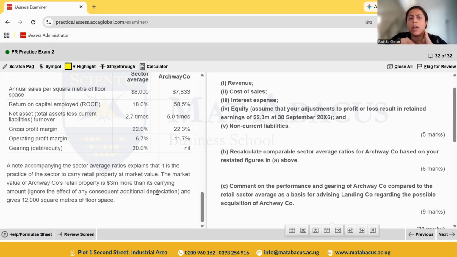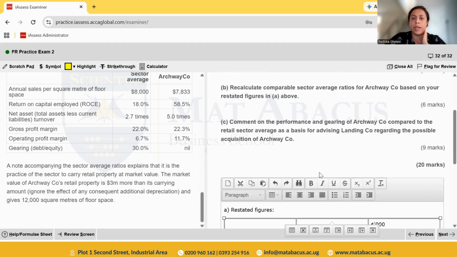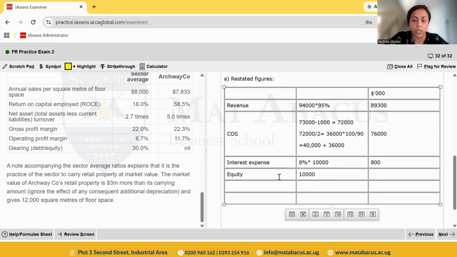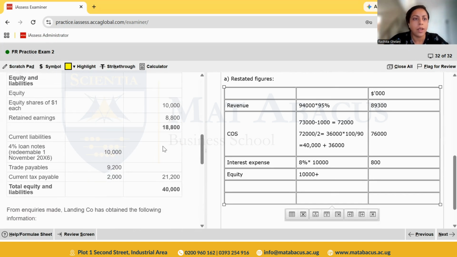Since we are adjusting for these changes, we definitely need to include it in calculating the new equity figure. So equity is the share capital of 10 million, as you can see up, plus retained earnings, we were told to use 2.3 million, plus the 3 million adjustment for the revaluation. When you add that along, that gives us 15,300.